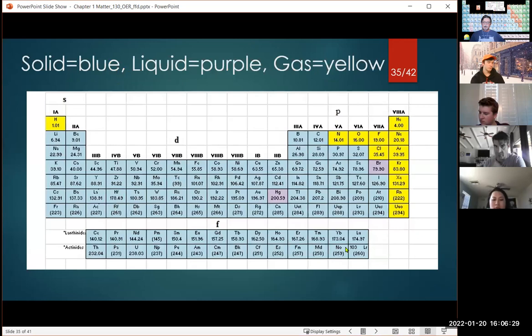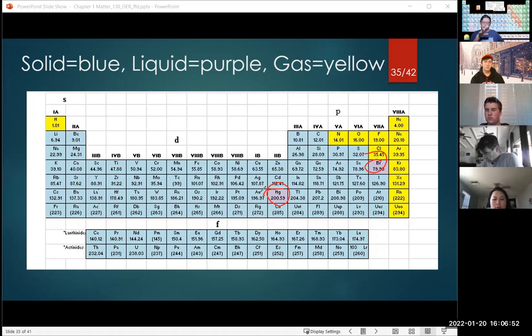Okay, so here's a periodic table, color coded for you. Everybody in yellow is a gas. Okay, and then mercury and bromine right here are the 2 liquids. And everybody in blue is a solid.